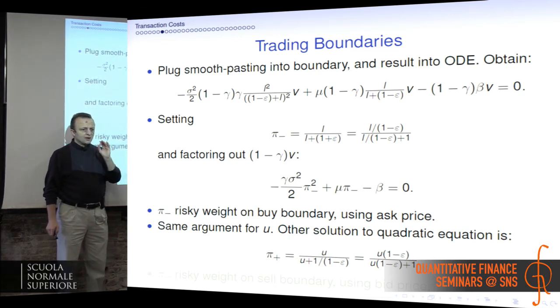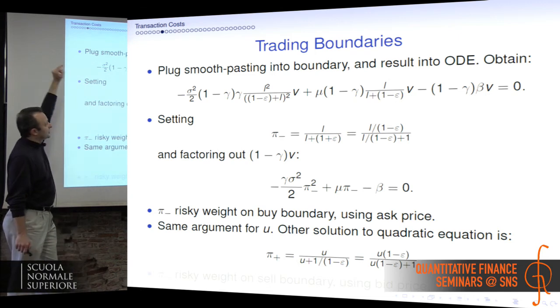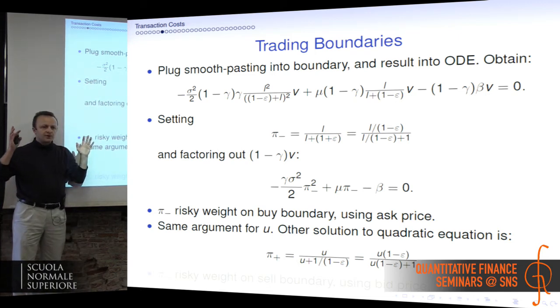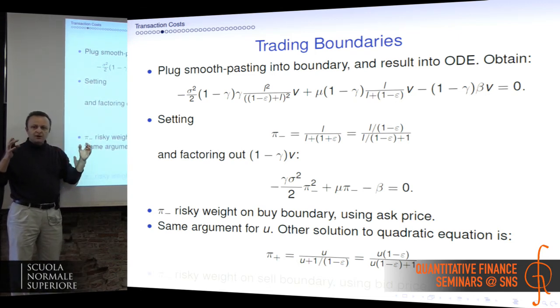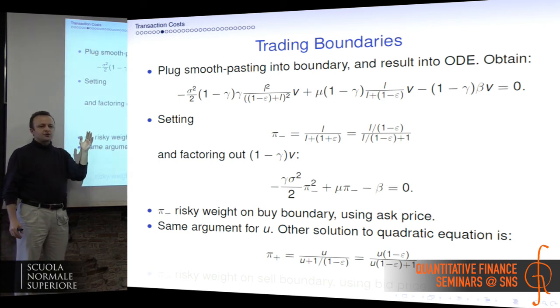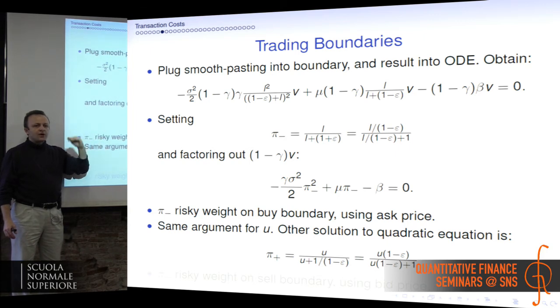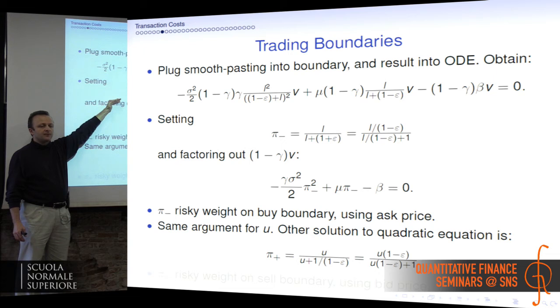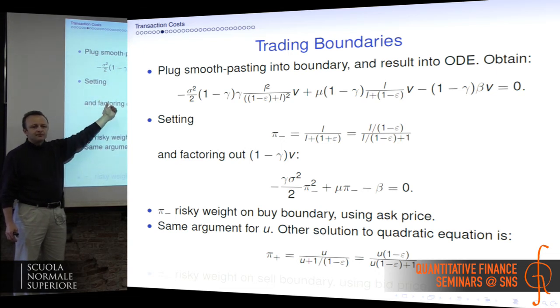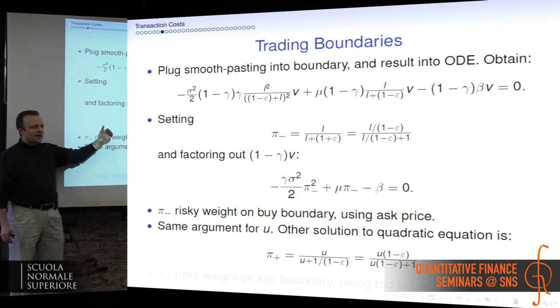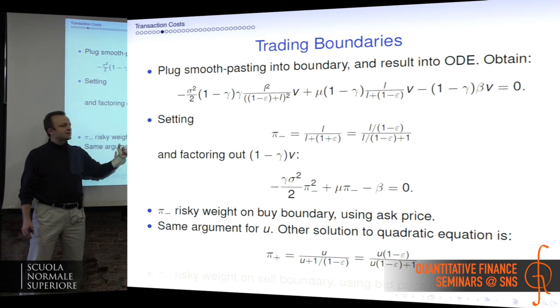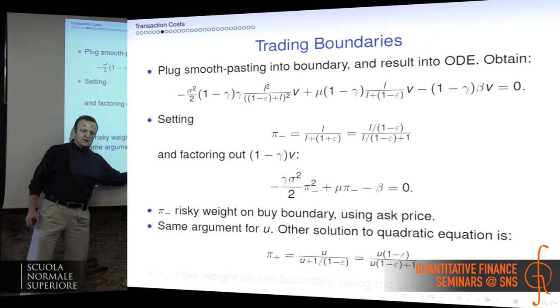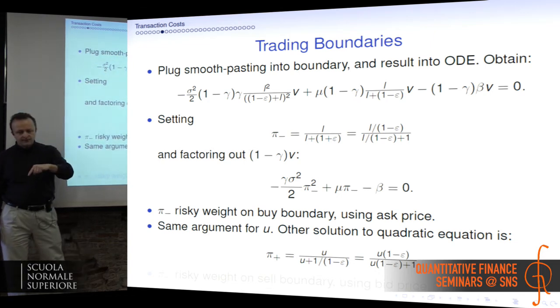Okay? So these two quantities are important because they underlie the definition of shadow price. The shadow price is a hypothetical frictionless price for which the solution of the portfolio optimization problem without transaction cost would be the same as the solution to the original problem with the original price but with the transaction cost.